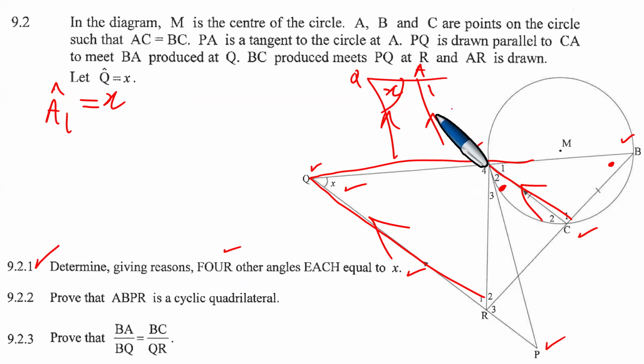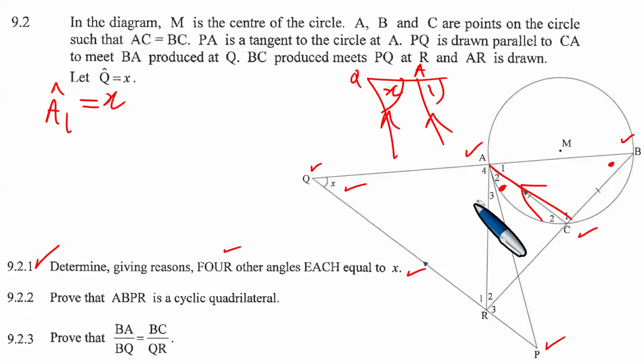Because these angles in an F shape are called corresponding angles. You have those parallel lines, so you have corresponding angles.